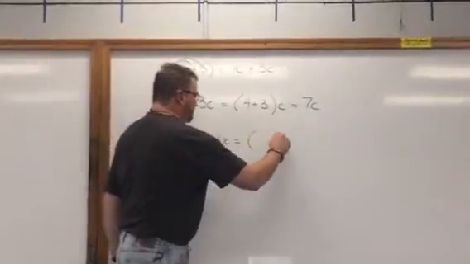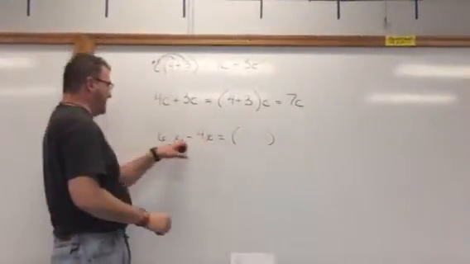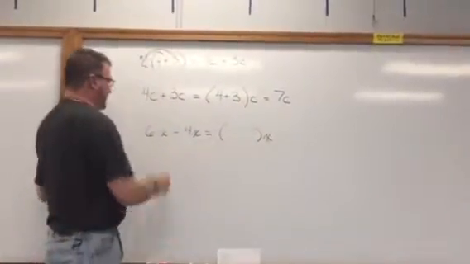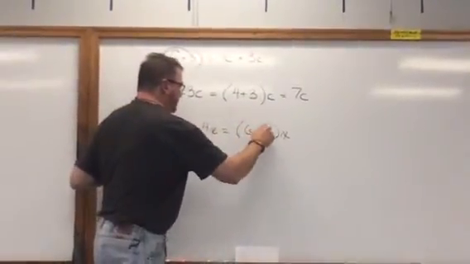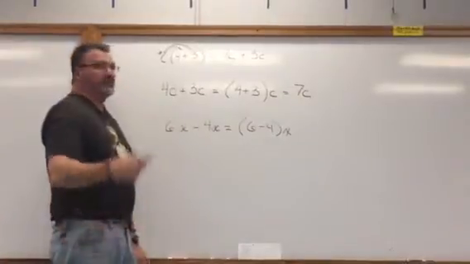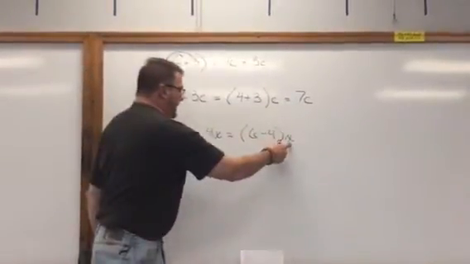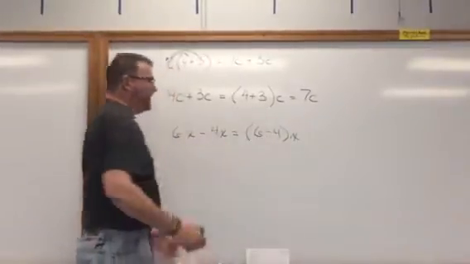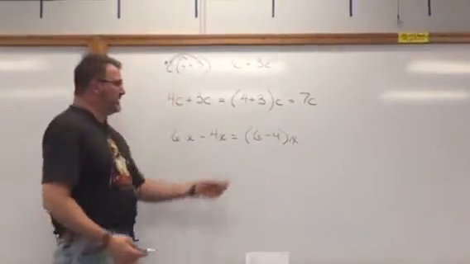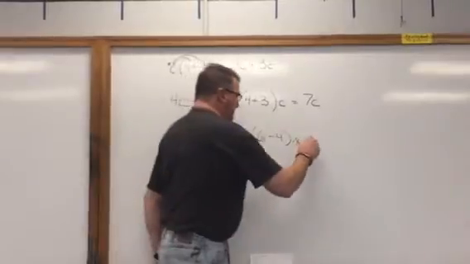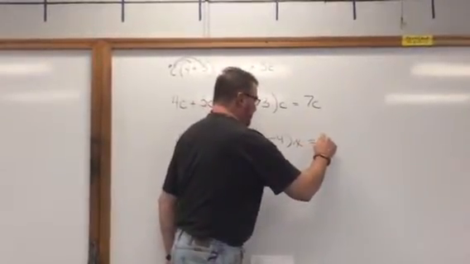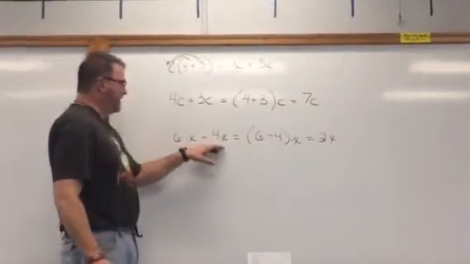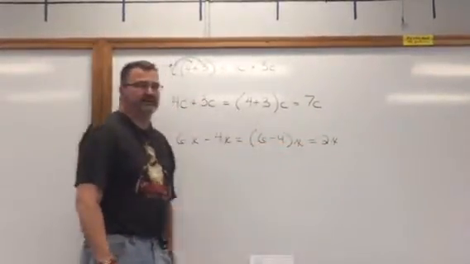So I can use the distributive property and factor that common factor out, x. And what's left inside would then be 6 minus 4. The distributive property tells me that, yes, I can multiply x times 6 and get 6x. So what am I going to do here? Well, 6 minus 4 is 2 times x. So instead of 6x minus 4x, I've got 2x.